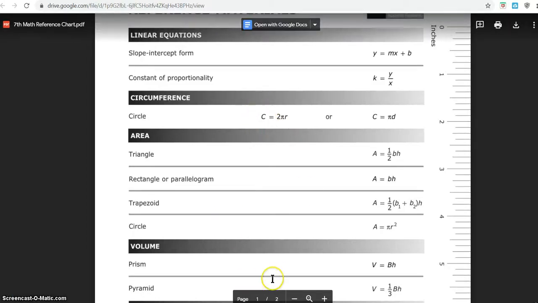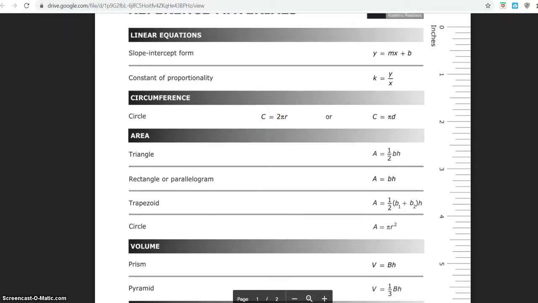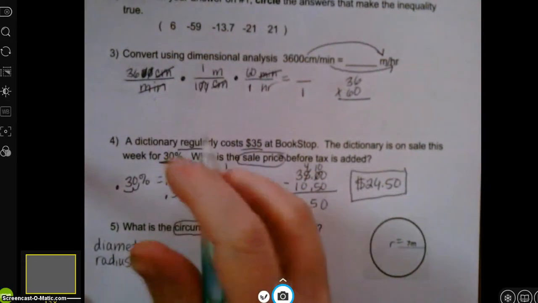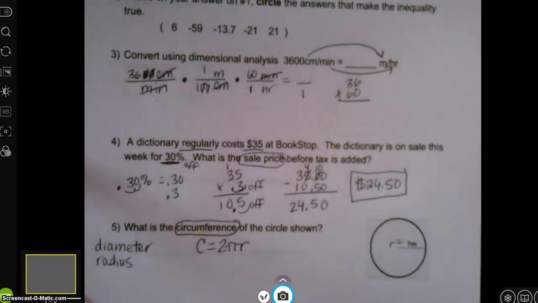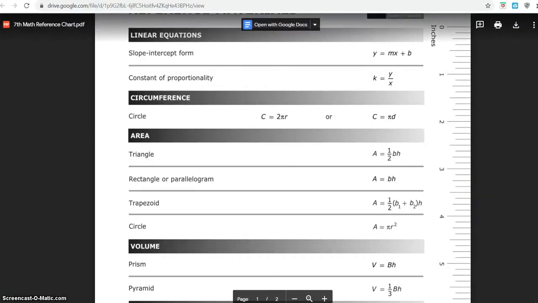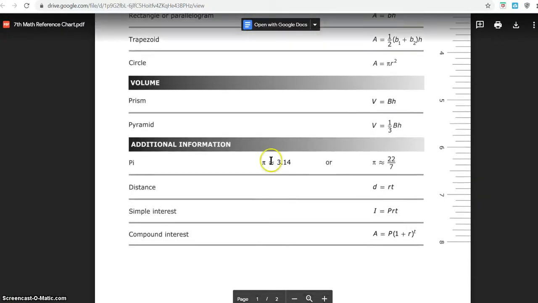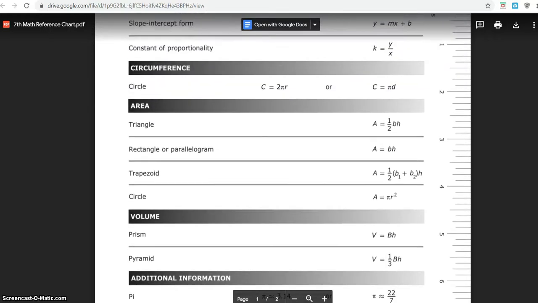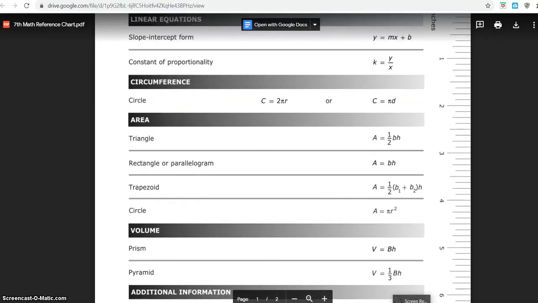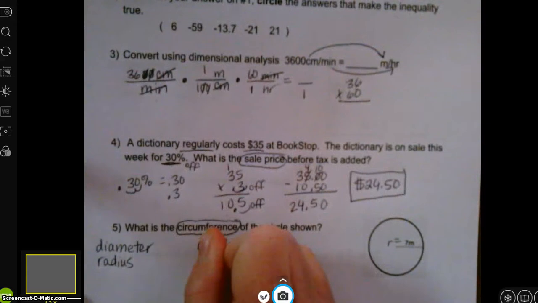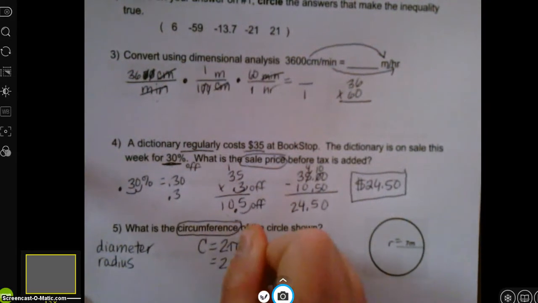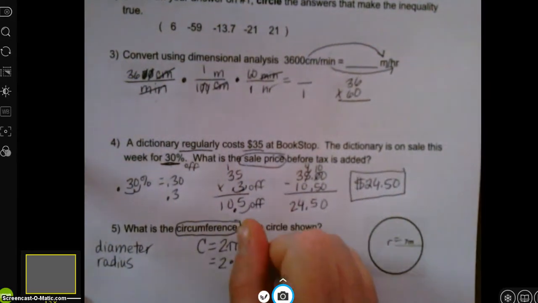C equals 2 pi r. 2 pi r. Guys, write the formula. Write it down. And then if you forgot what pi is, it's right here. We use 3.14. It's not a variable, but we treat it like a variable. We use it every time we use circles. So I'm going to put 2 times 3.14 times 7.